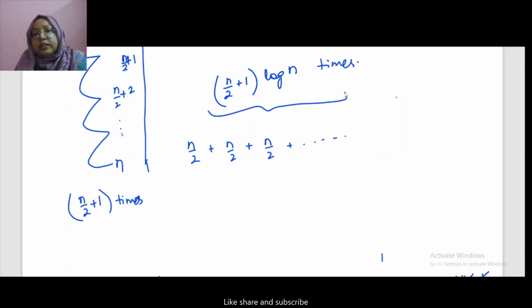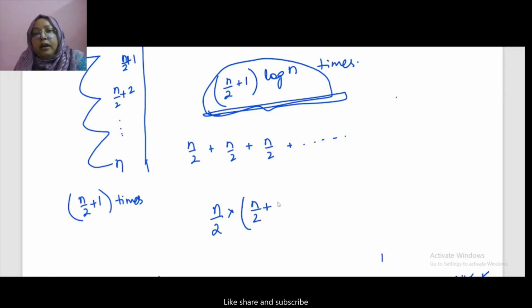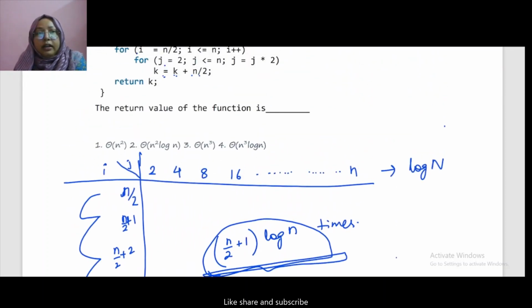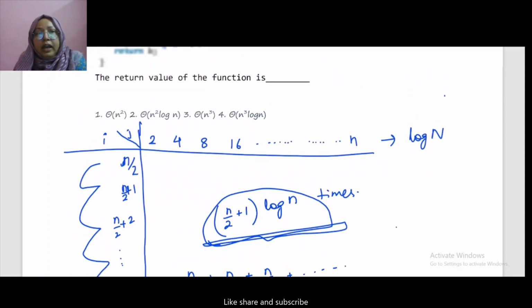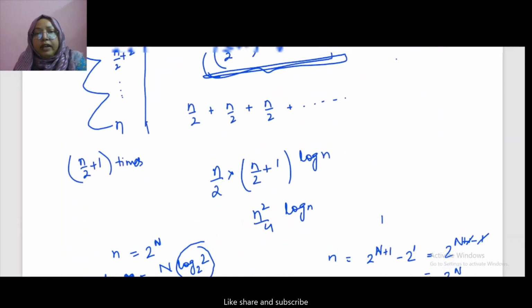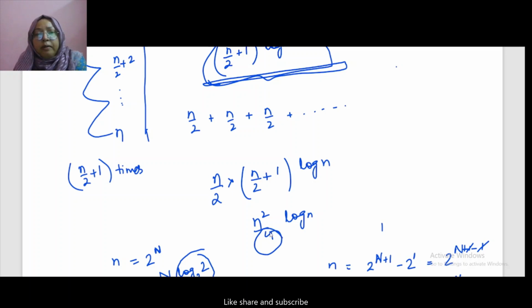It will do it this many times, so this will be multiplied by the number of times both loops are running. So we can say that it is n square by 4 log n. In terms of theta, we can ignore the number divided by 4. We can say that it is n square log n in terms of theta.